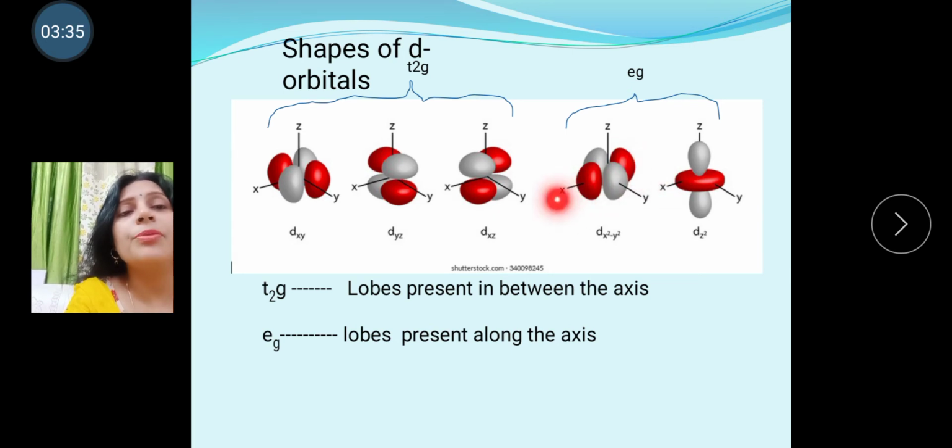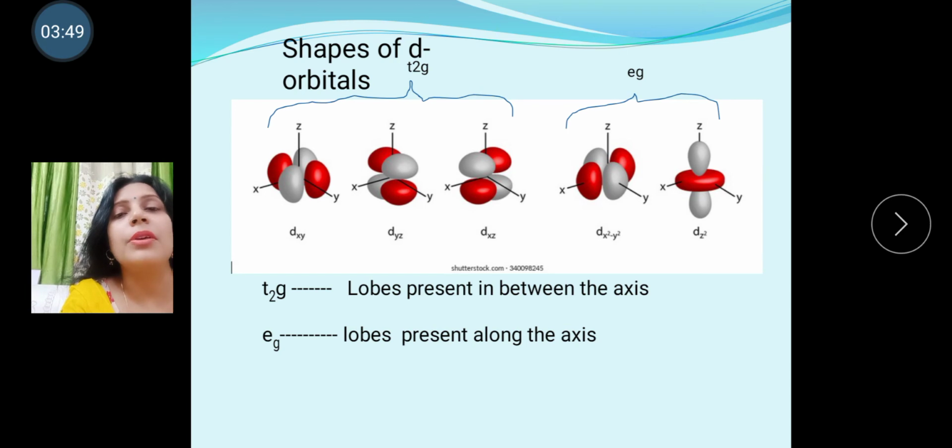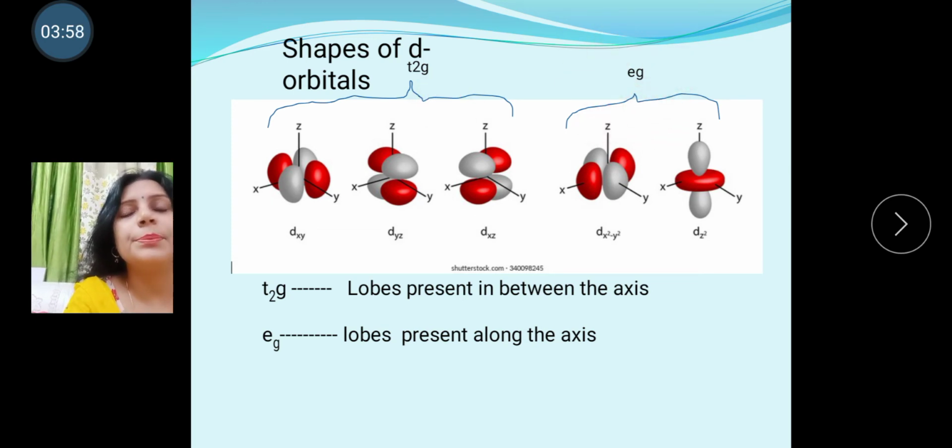Due to the placement of these lobes along the axes, these two orbitals are said to be the eg set of orbitals. So we can say the d orbitals can be characterized into T2g and eg sets of orbitals.